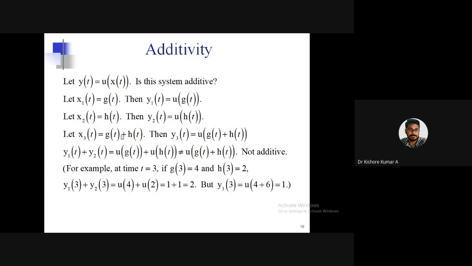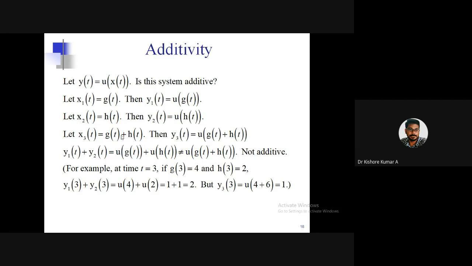Some examples of additivity, to know the concepts. Let y of t be equal to u of x of t. We need to determine whether this particular system is additive. You make x1 of t as g of t, and y1 of t is u of g of t. Similarly, x2 of t is h of t, then y2 of t is u of h of t.